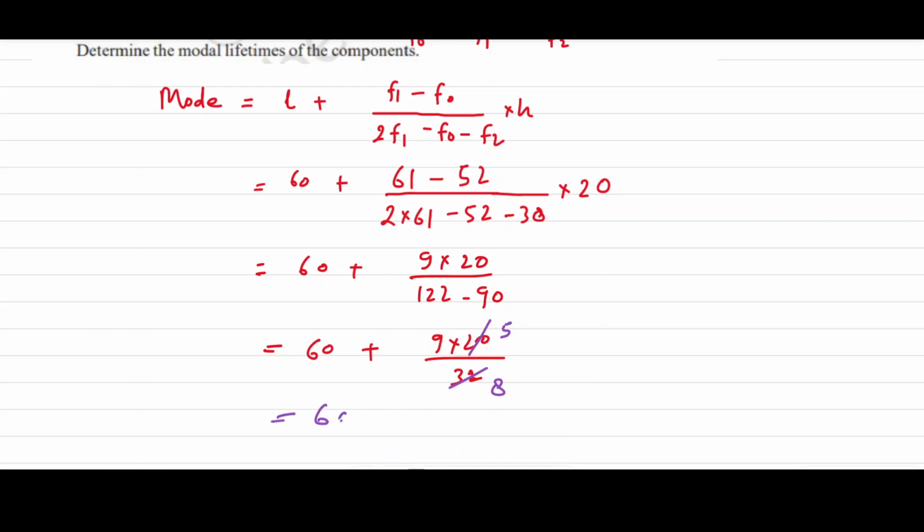So this will be 60 plus 45 by 8. Then 60 plus, 8 fives are 40, 8 sixes are 48, and this will be 65.625.